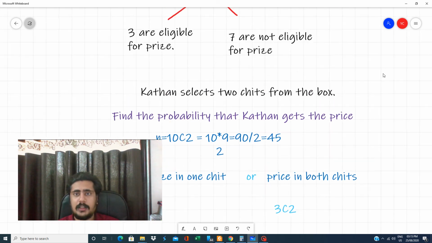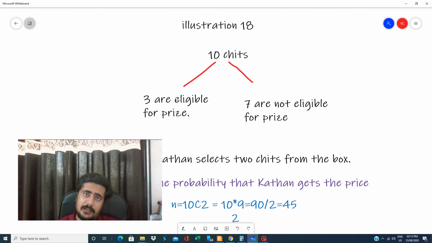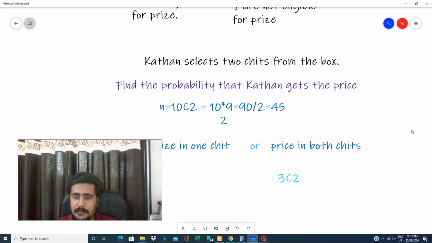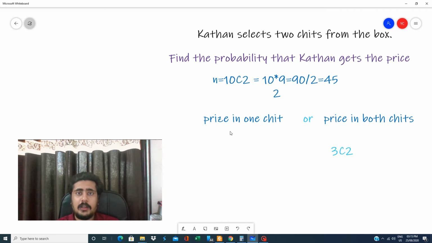See, if I am getting a prize in both the chits, then both the chits are selected from these three chits which are eligible for prize. So your M is 3C2. Or you are getting a prize in only one chit, so it is selected from 3C1. You are getting a prize on only one chit, so one is eligible and another is not eligible.